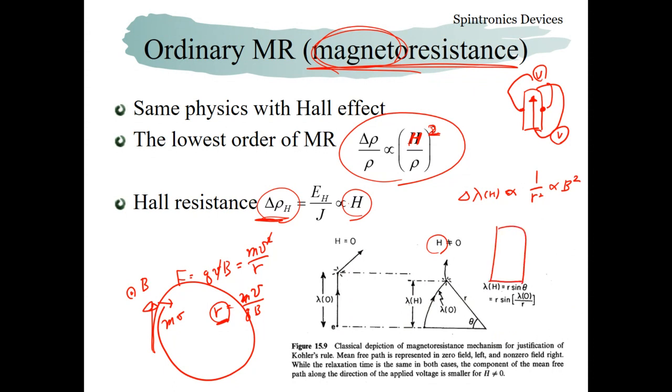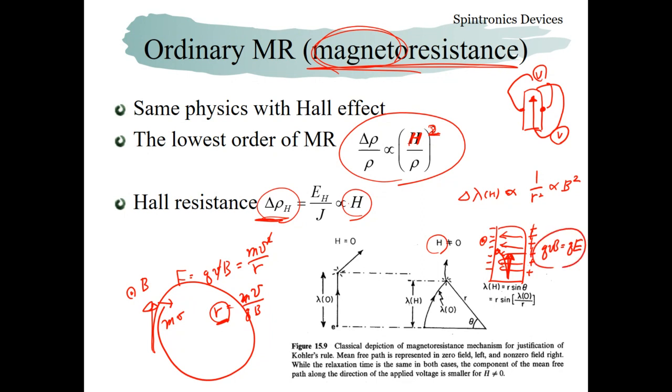Without an external magnetic field, the trajectory of the conduction electron is just straightforward. But with an external magnetic field, there is some bending, so we have an extra charge here. Then some internal field is developed, and this internal field cancels out the effect of the magnetic field. So we have such a relation.